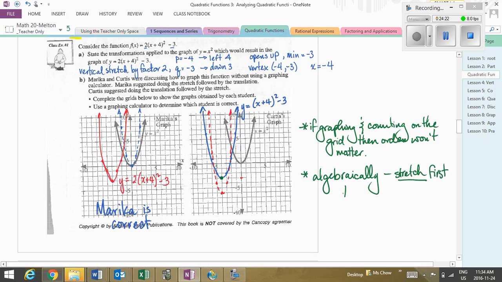Okay, then we can translate and then reflect, or you can reflect and then translate. But the important part will be to stretch it first.